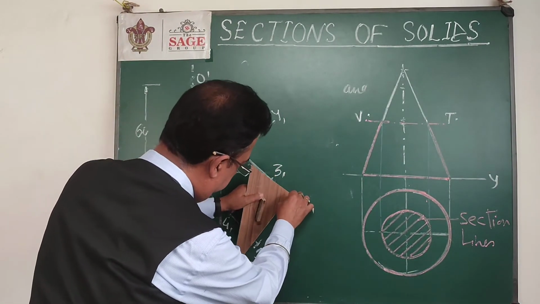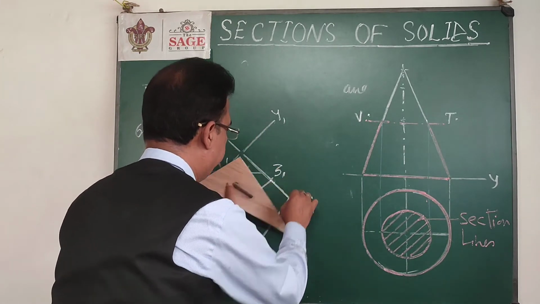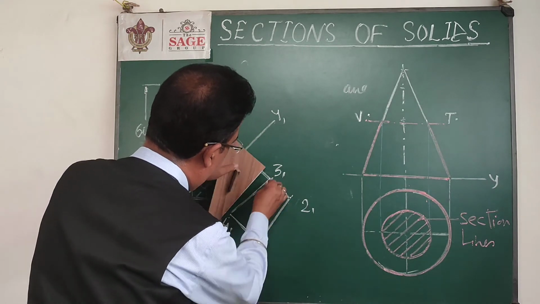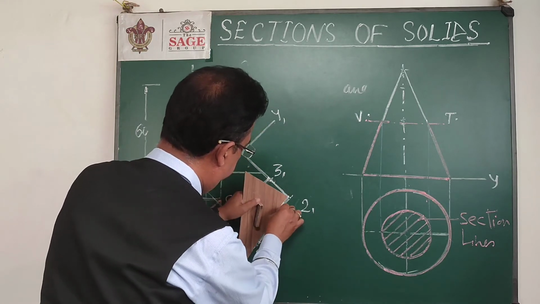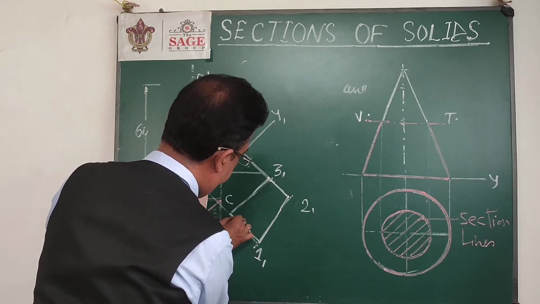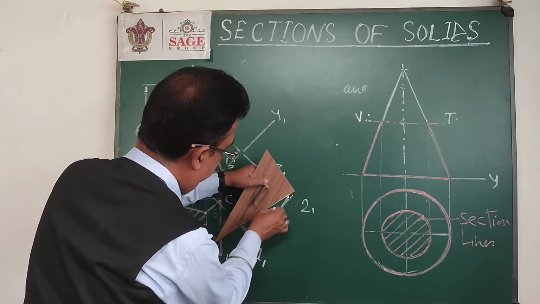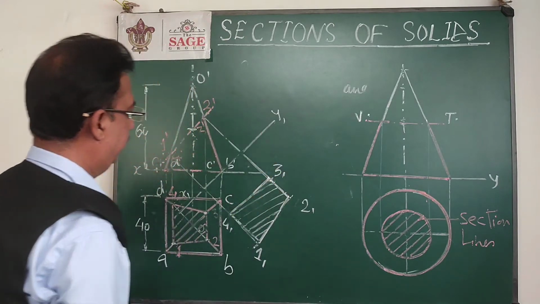Just a little bit of correction is there, and in this way you can get the true shape of this plane. And again you can draw these section lines inclined 45 degrees to the xy line.